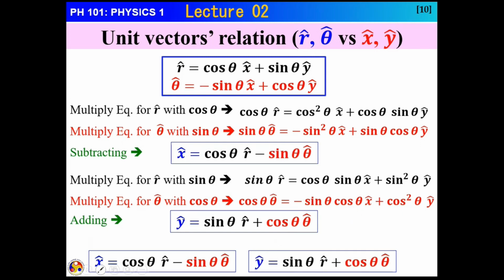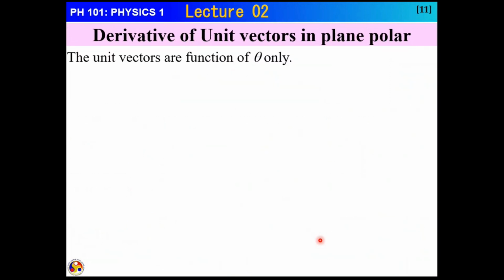So x cap can also be written in terms of r cap and theta cap, and y cap can be written in terms of r cap and theta cap. So this is fine. So in the plane polar coordinate system, we find that the unit vectors are functions of theta only, not r.